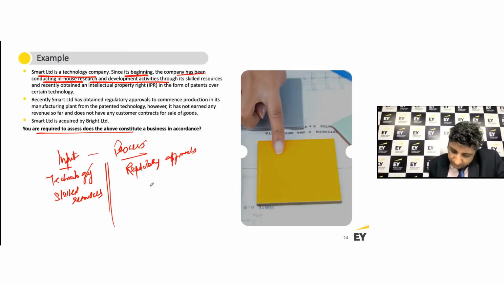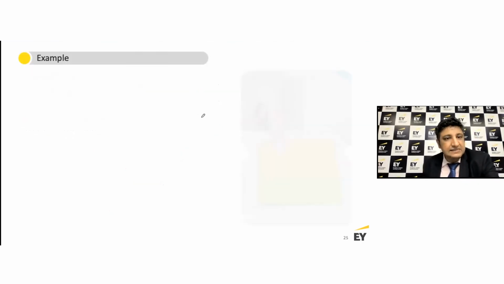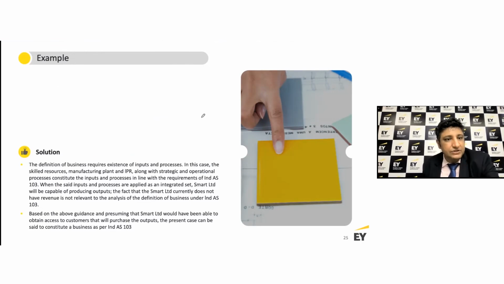You're talking about, of course, IP rights being obtained. You're talking about research and development activities, right? So they are both again integrated. So despite the fact that the output is not present because no revenue has been earned so far, you would still want to classify this as a part of the definition of a business.